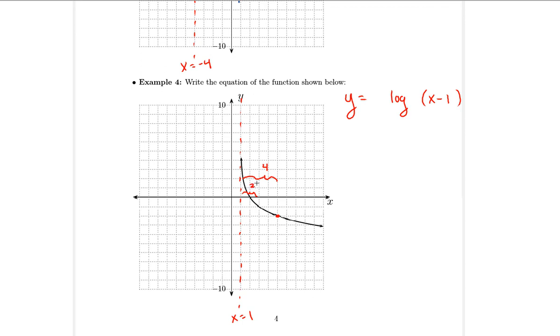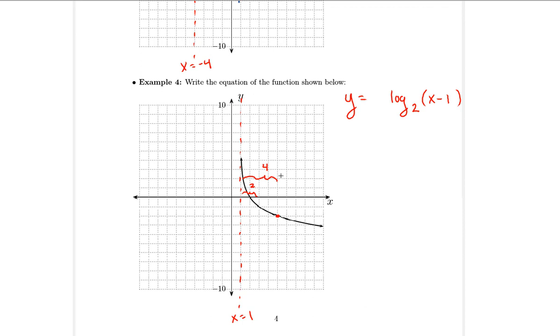Now, that might indicate to us that we would use a 2 for a base. And in fact, we can. I can go ahead and put a 2 in here. However, we know that if you put a 2 in, you're supposed to go over 2 up 1 and over 4 up 2. That's the way it's supposed to go. But instead, I'm going down 1 and down 2 and so on.